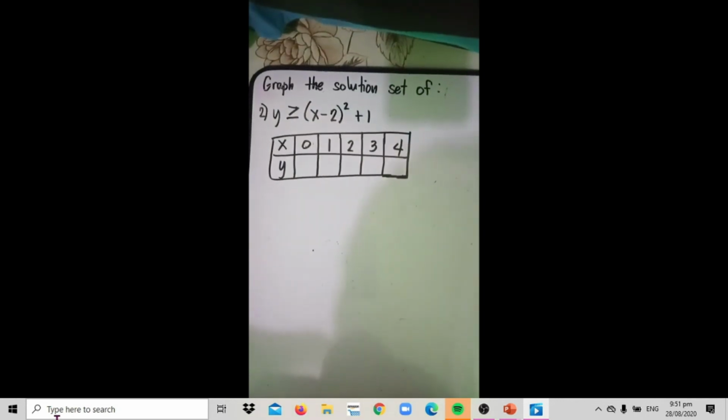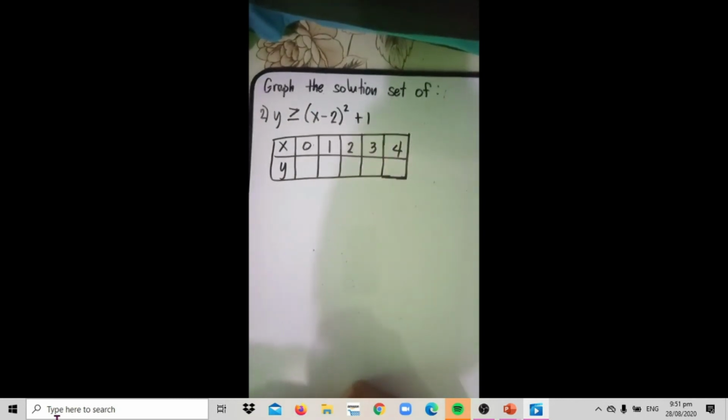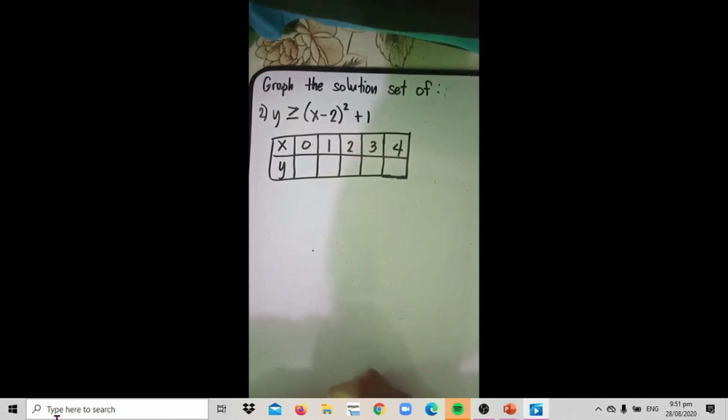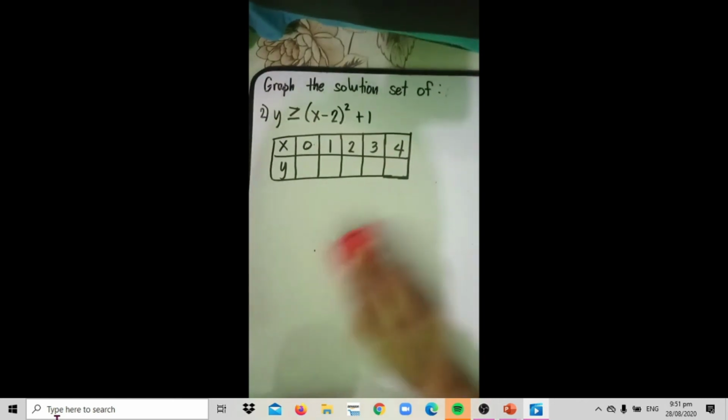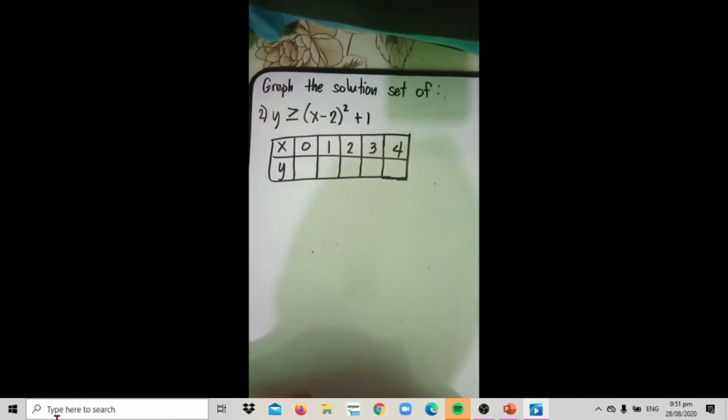Okay, so now let us try to have another quadratic inequality. Okay, so let us graph y is greater or equal to the square of x minus 2 plus 1. Okay, so again, what is our first step? Yes, our first step is to write the inequality as an equation.